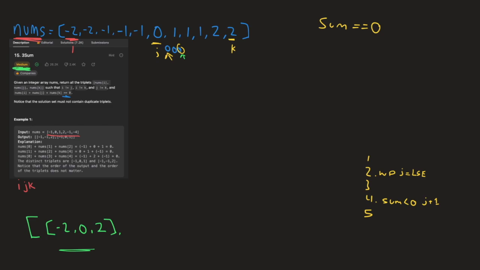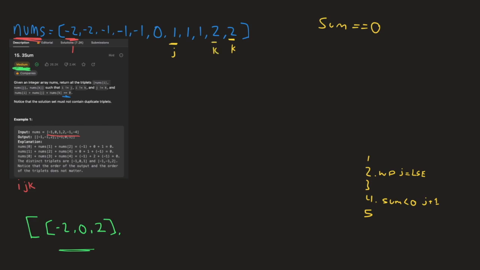And right after that, we want to increment J by 1 and decrement K by 1. So now we move J to this value, and we move K to this value.